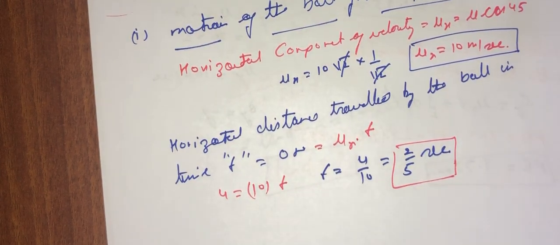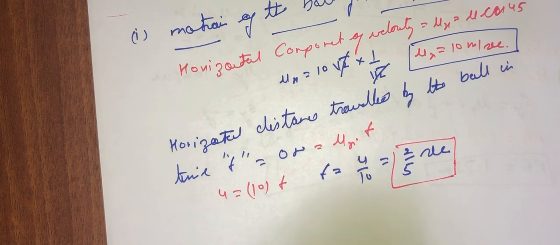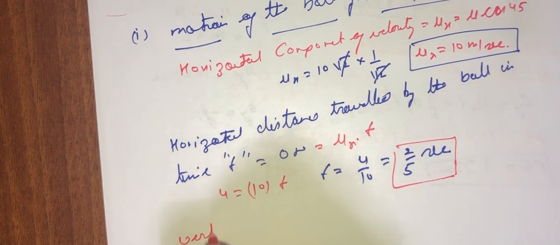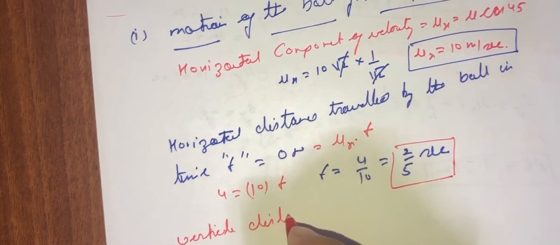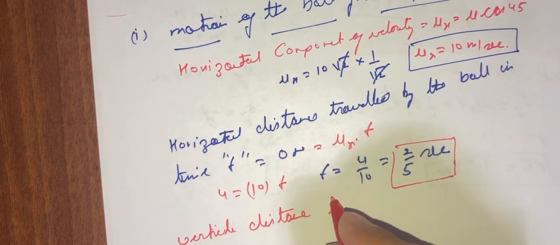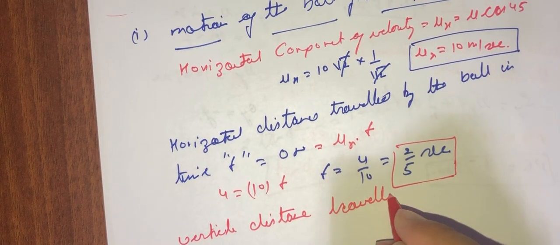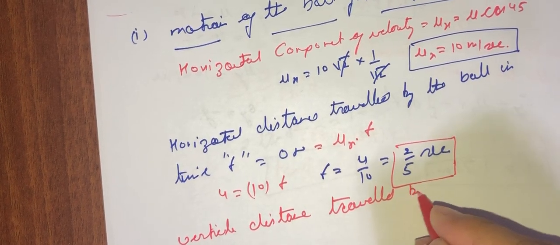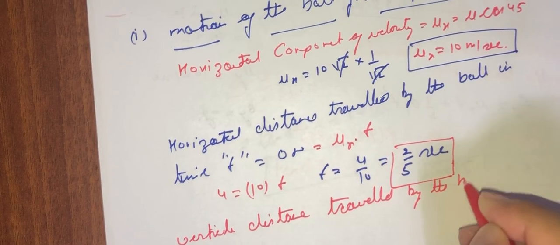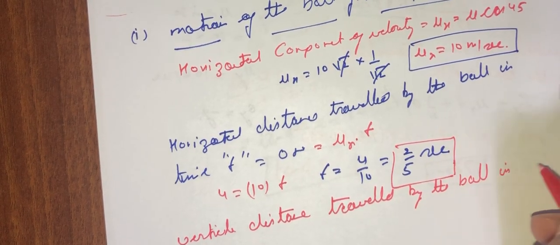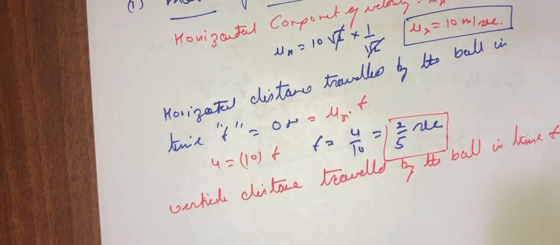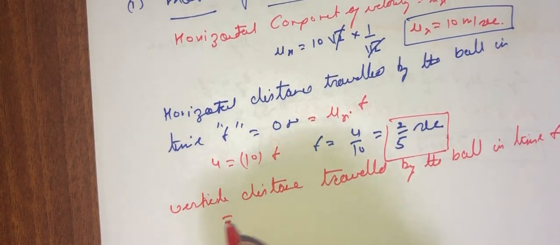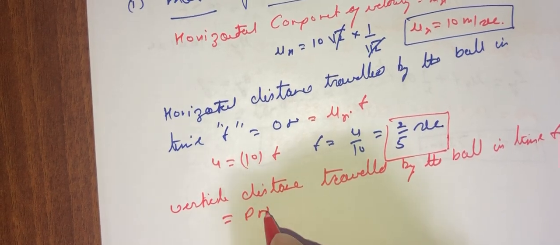Now within this time period, the vertical distance traveled by the ball in time t will be equal to PN.